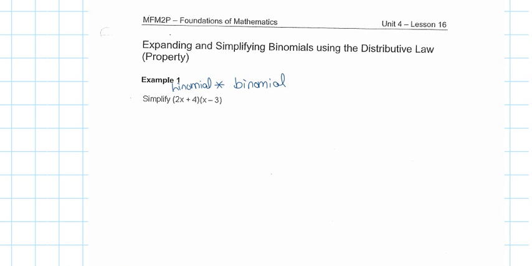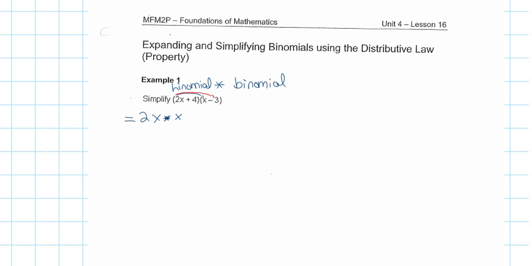First, I'm going to multiply the 2x by the x. Okay? What's 2x times x? You know what? Let's write this down. So we have to do 2x times x. Okay? That little star that you see right here, that's a multiplication. Then I have to multiply the 2x by the negative 3.